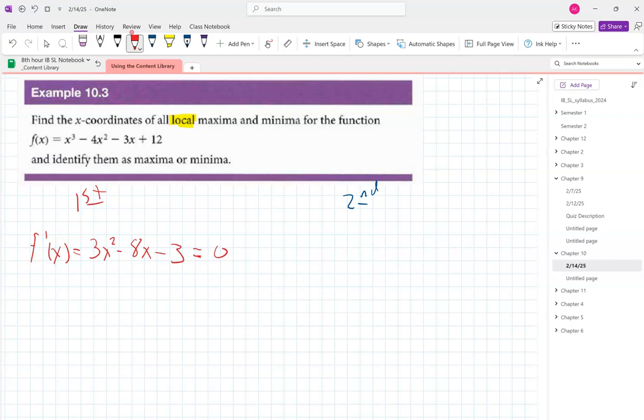You could use the quadratic formula, or what else could you do? You could factor. Does it matter which one you do? Nah. What part of this problem is going to make the factoring maybe a little hard? The leading coefficient there, because I'm just going to go ahead and do it as a quadratic formula problem more often than not when I see that.